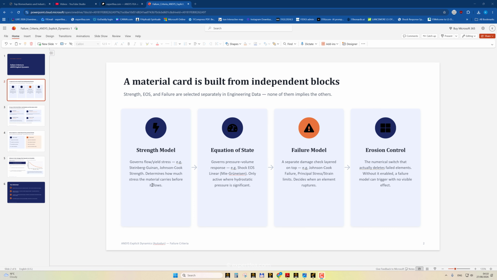So I have constructed a small PowerPoint in which we need to understand the nature of how the material data is defined and how failure and fracture can appear.